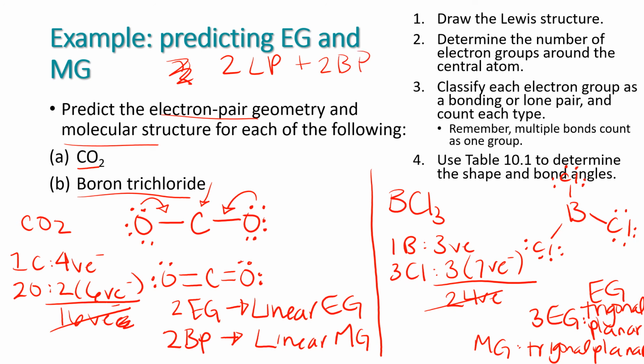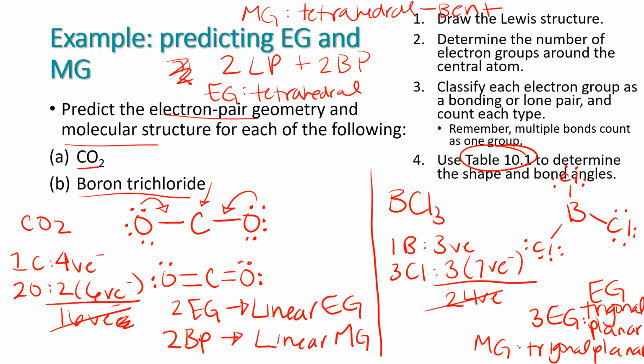You look on the table, and I don't have it here just because it takes up a lot of space, but you look for the row that shows you an example with 2 lone pairs and 2 bonding pairs, and then you're like, oh, okay, so for Eg, this is tetrahedral, and for Mg, this example that I randomly brought up would be tetrahedral bent. So again, just get acclimated with that table. It is your BFF with determining Egs and Mgs.